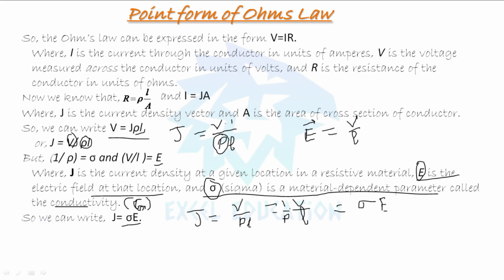So this form, J equals sigma E, is known as the point form or the vector form of Ohm's law.